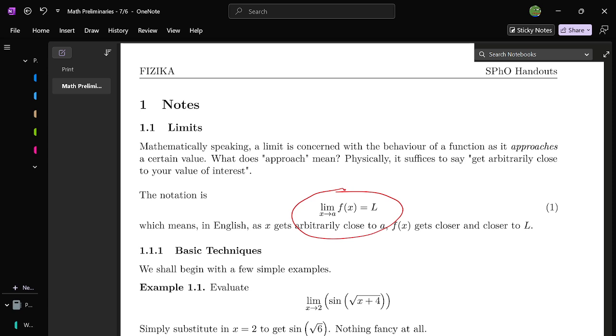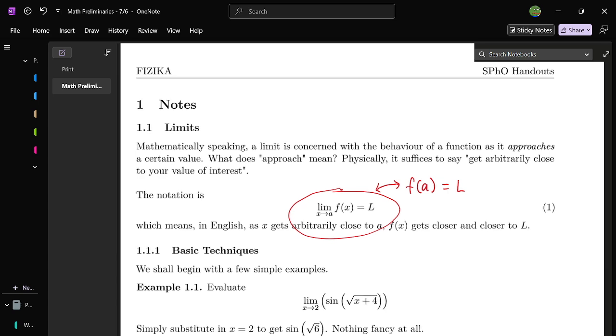You might be asking what the difference is between writing this and just writing f(a) equals L. For most cases in physics this is technically correct, but mathematically speaking these two are not equivalent. They are equivalent only if your function f is continuous at x equals a, but not all the time is your function continuous.